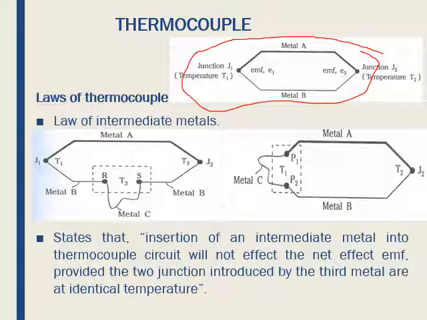Coming to the laws of thermocouple, first is the law of homogeneous circuit, which the first diagram says that if the two thermocouple junctions are at T1 and T2, then the thermal EMF generated is independent of and not affected by the temperature distribution along the wires.